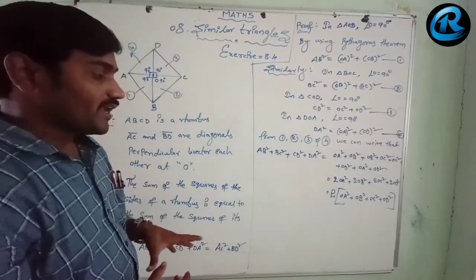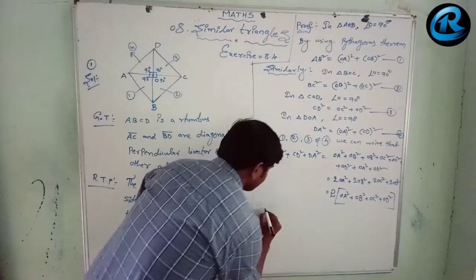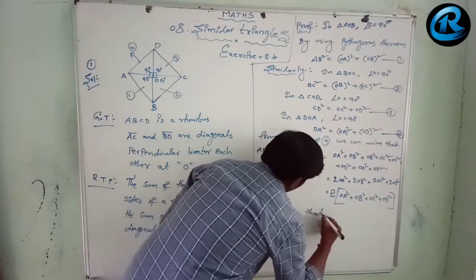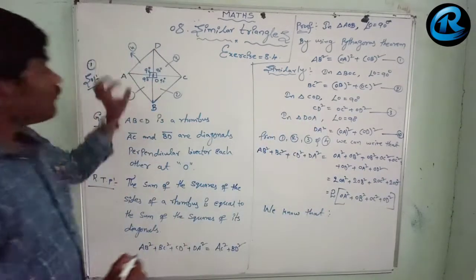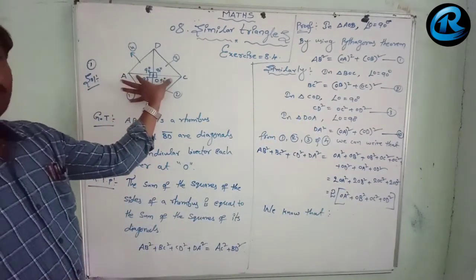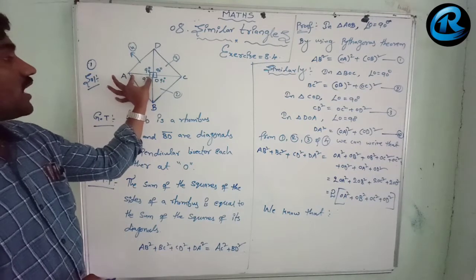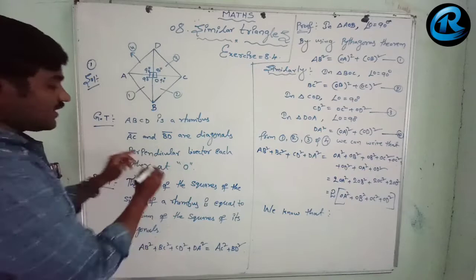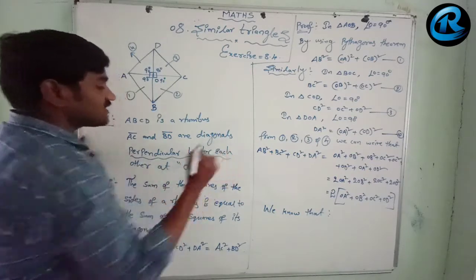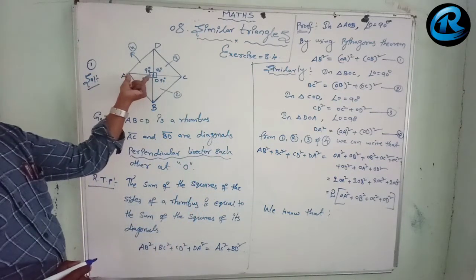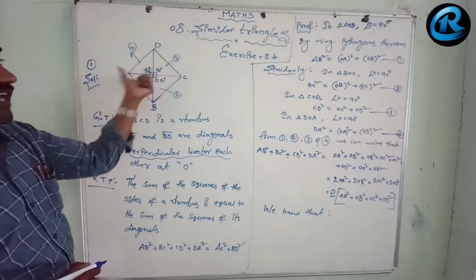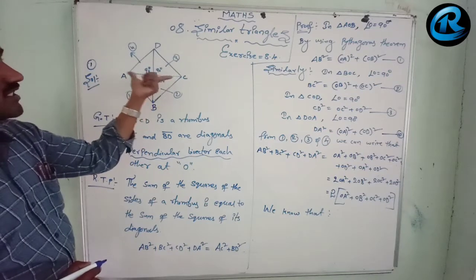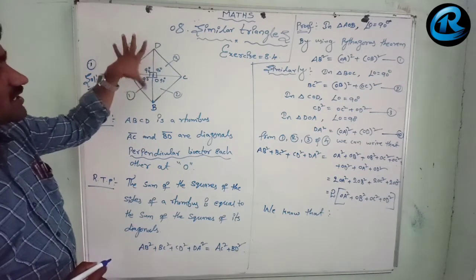Now what we can write? See, as we know, OA is equal to OC, these diagonals are perpendicular bisectors of each other. So here OA is half of the AC, OB is half of the BD, OC is half of the AC, OD is half of the BD.